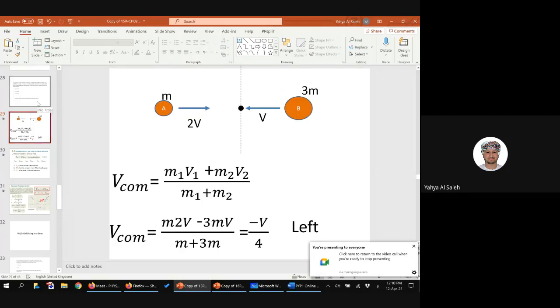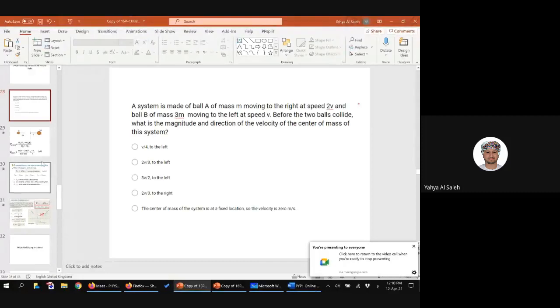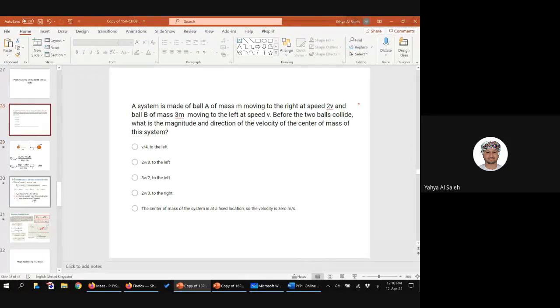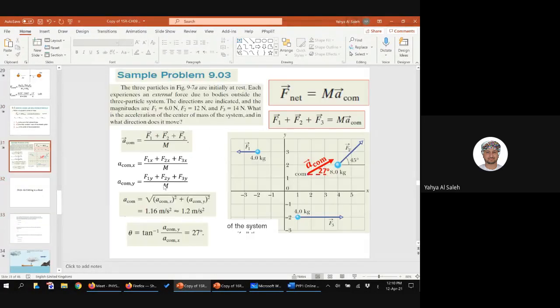At the end of the previous lecture, we finished with the PIQ where we're finding the velocity of the center of mass of two balls. And we reached Newton's second law for a system of particles.